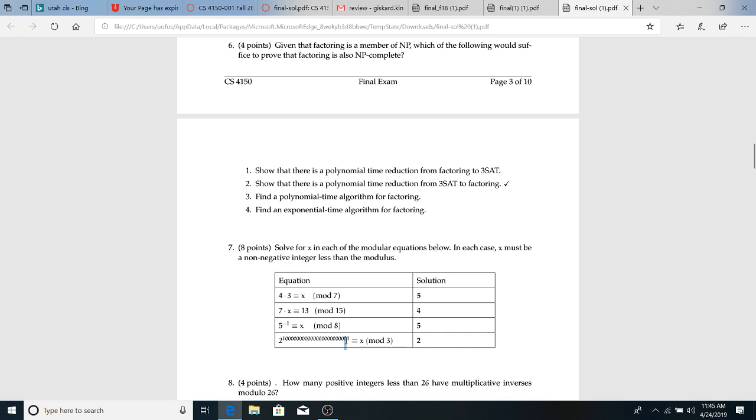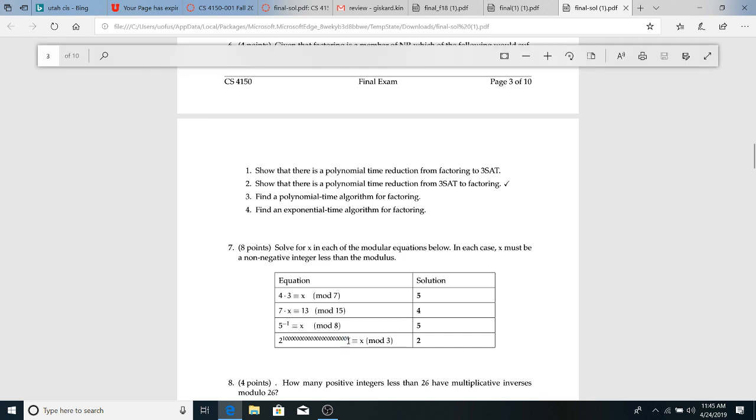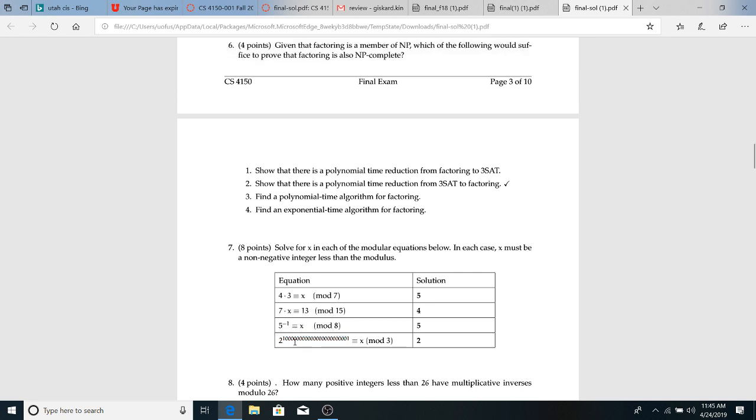So this whole statement is equivalent to -1 mod 3, which is the same as 2. Does that make sense how I did that one? Usually you want to find something such that the base to some power is either 1 or -1, and then you can scale that up to solve the problem.